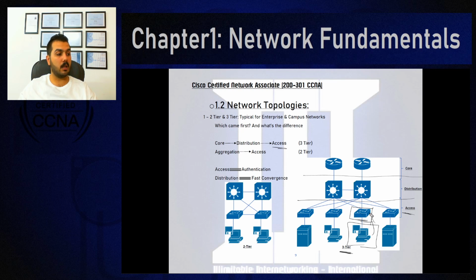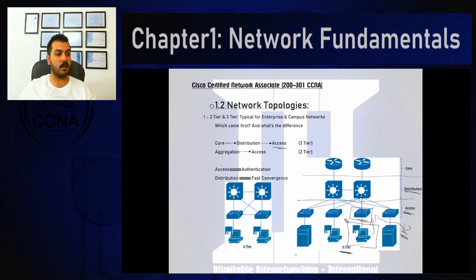This layer is mainly layer 2. What are layer 2 devices? We mentioned in previous lectures that switches are layer 2 devices. So the access layer mainly has layer 2 devices, which are the switches, and it is connected directly to the second layer, which is called distribution.